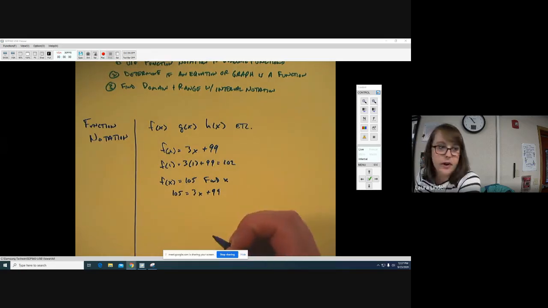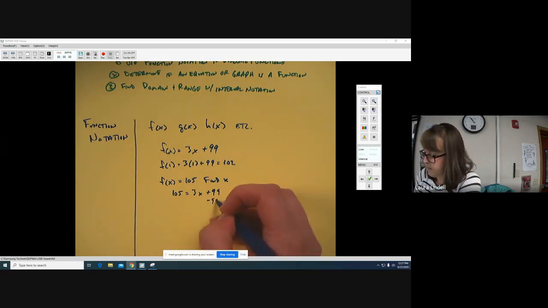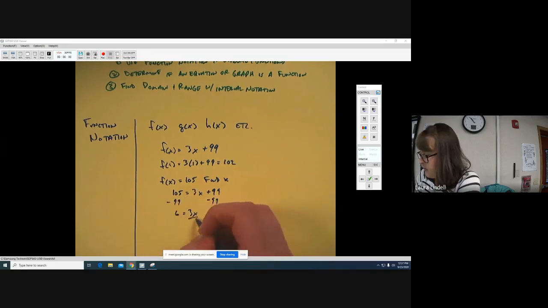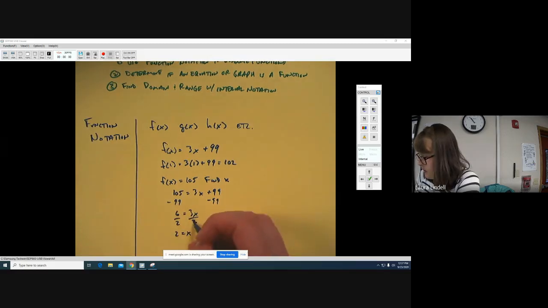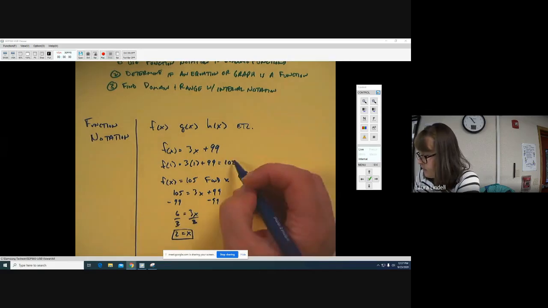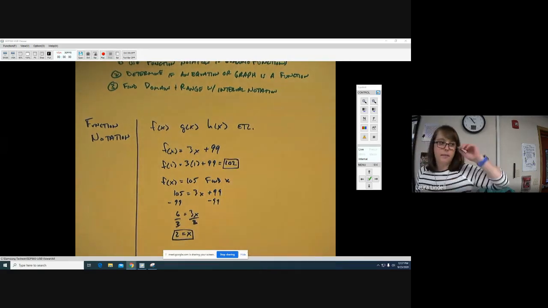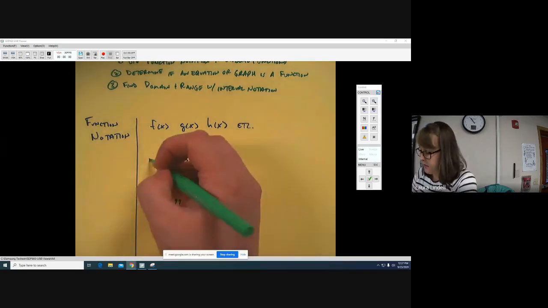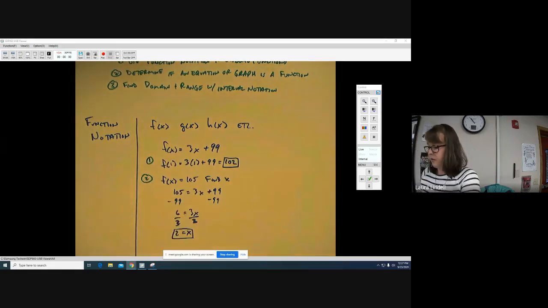And then we would solve for x. Okay. So those are two things that we want to be able to do using function notation.